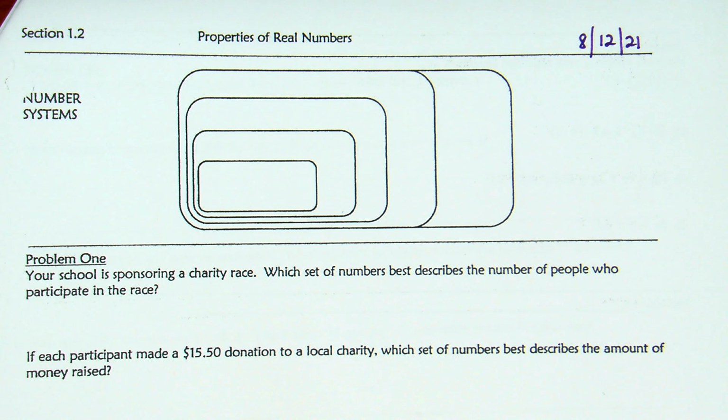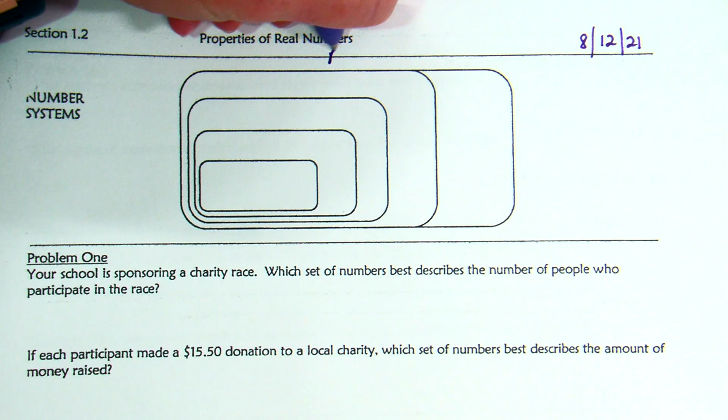You don't know anything outside of real numbers. Eventually, we'll learn imaginary numbers. That's something new we'll do in Algebra 2. But for right now, all you know is real numbers, right? So, this shape here represents real numbers.